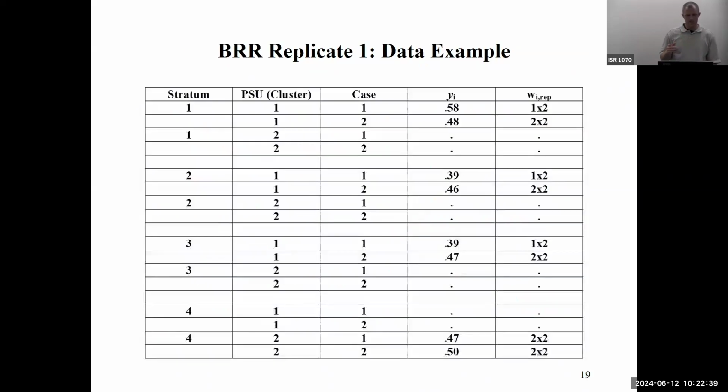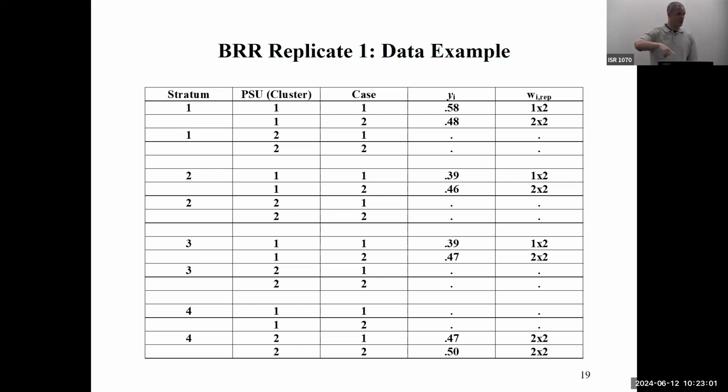All right, so this is what the first BRR replicate would look like in terms of our data example, given that Hadamard matrix on the previous slide. We would keep the first cluster in strata 1, 2, and 3, and keep the second cluster in stratum 4, and upweight all those remaining cases by a factor of 2.